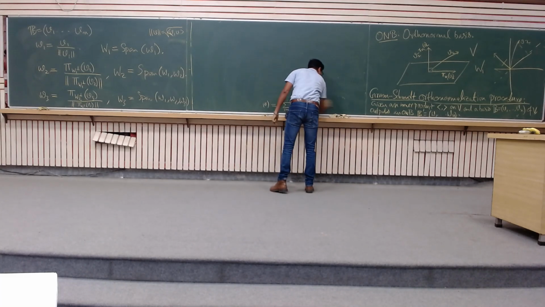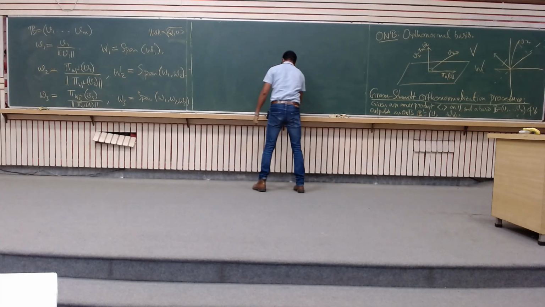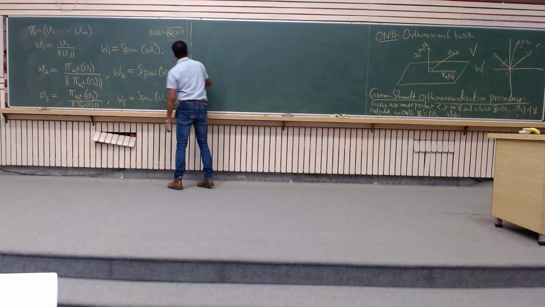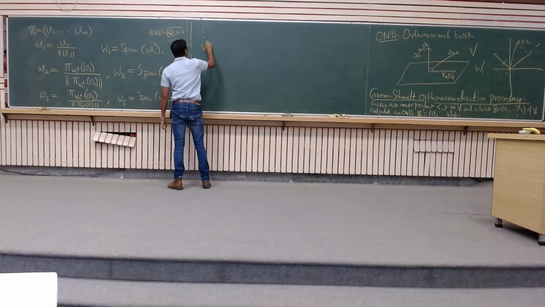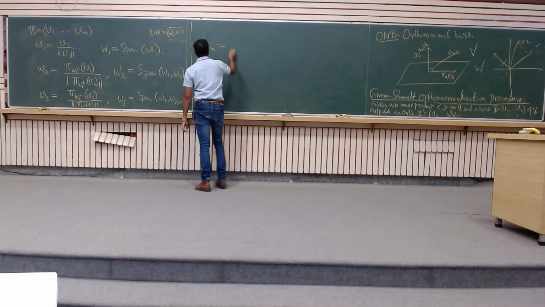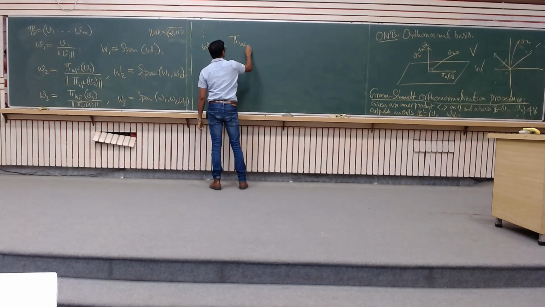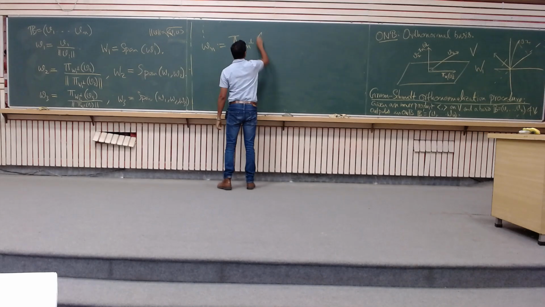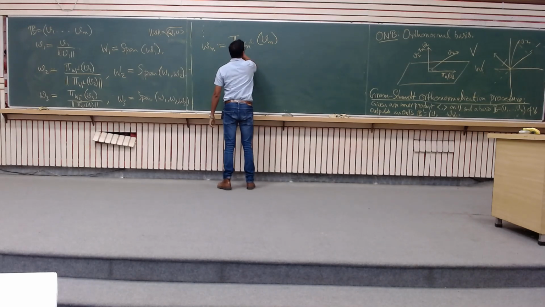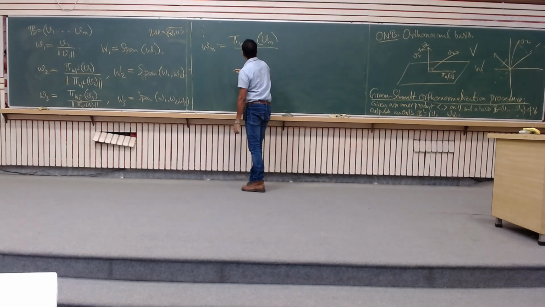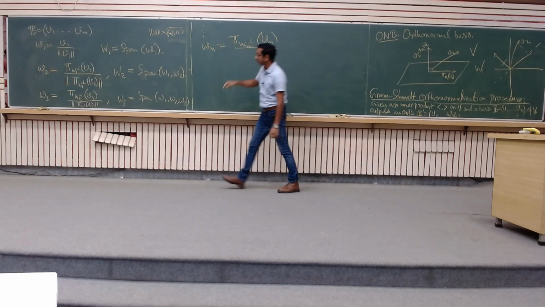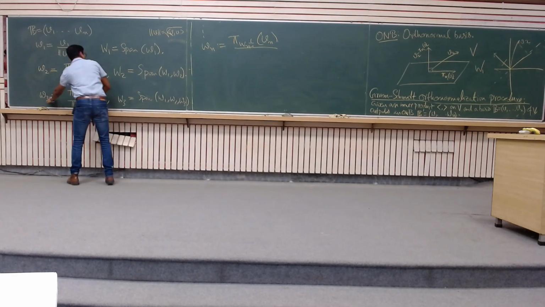Of course, in the same manner, you can continue, and at the end you will have Wn as pi Wn perp Vn, sorry, not Vn, this is n minus 1, right? And here it will be Vn, right? These are the same indices, right?